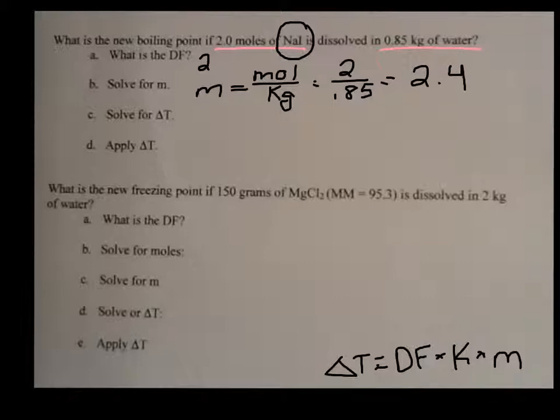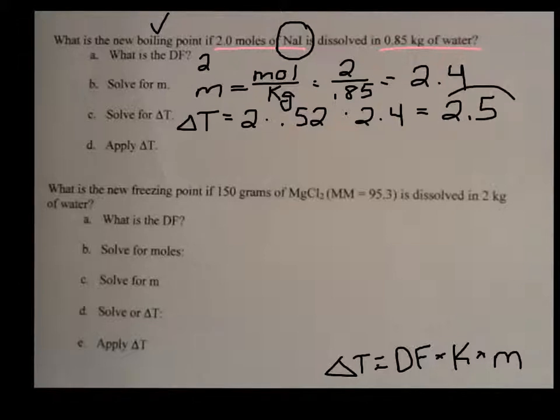Solve for delta T. Delta T equals dF, which is 2, times the boiling point constant, which is 0.52, look at the previous slide, times your molality, 2.4. 2 times 0.52 times 2.4 equals 2.5.